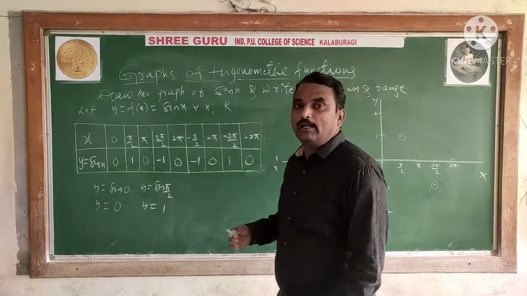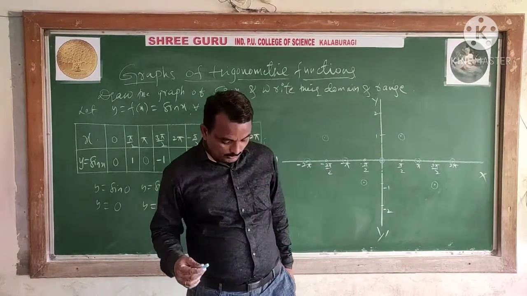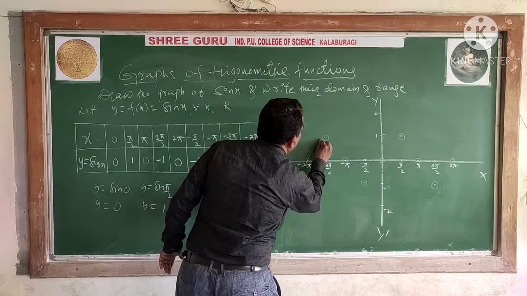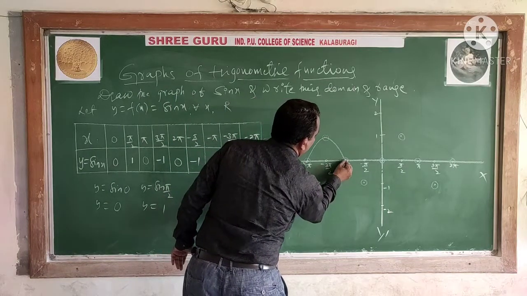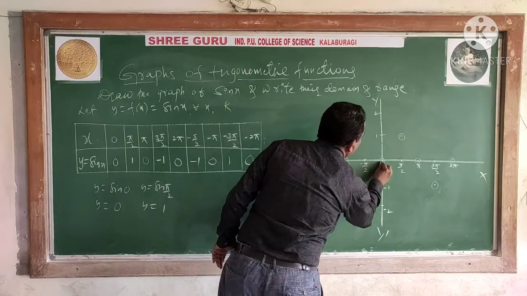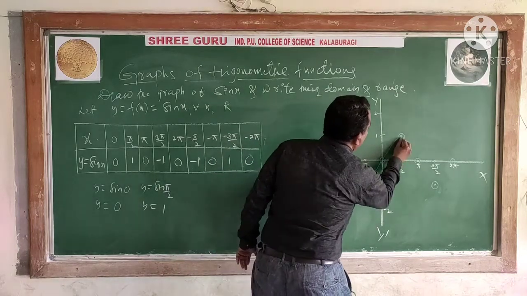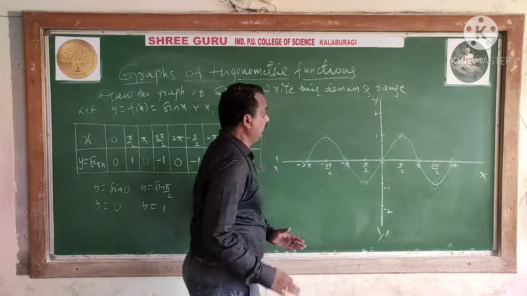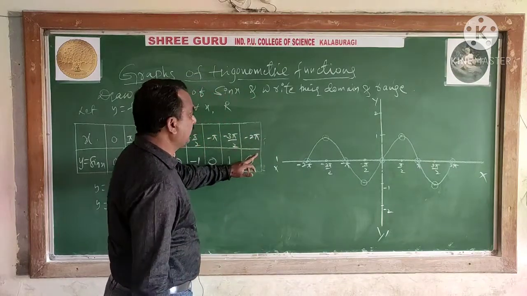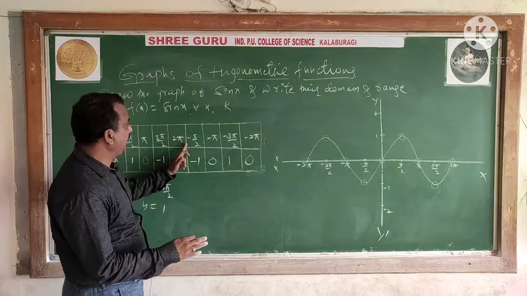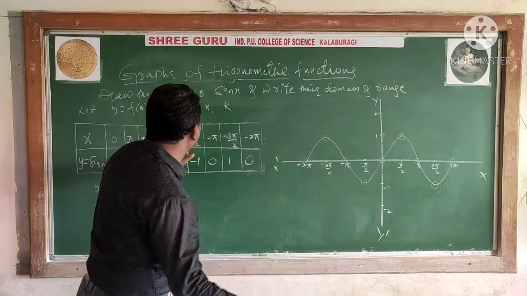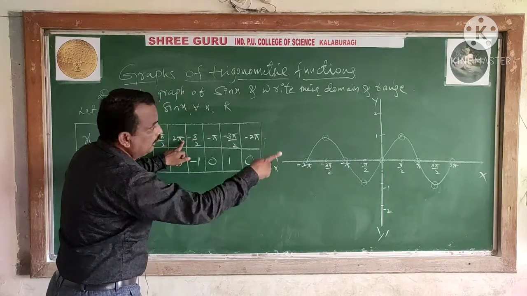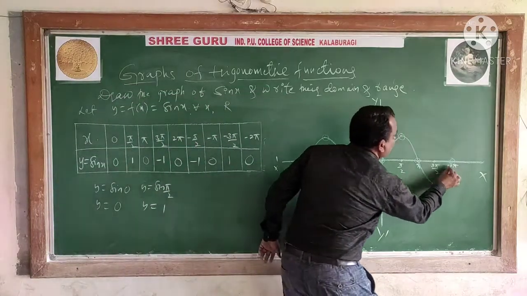Now we will draw the graph, students. See the graph. After 2 pi, the next value is 5 pi by 2, in the first quadrant, where sine is positive. At pi by 2 you get plus 1, and the graph goes like that.